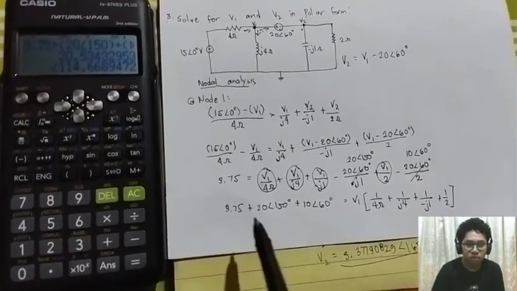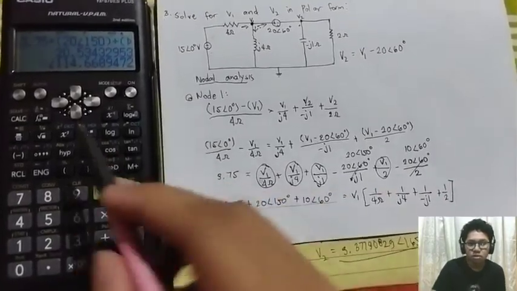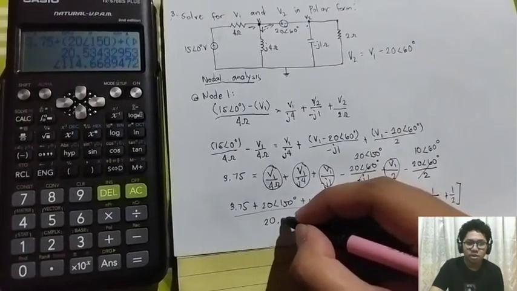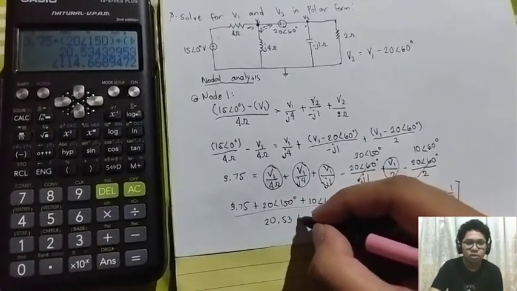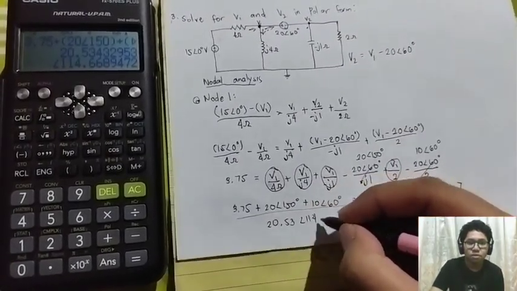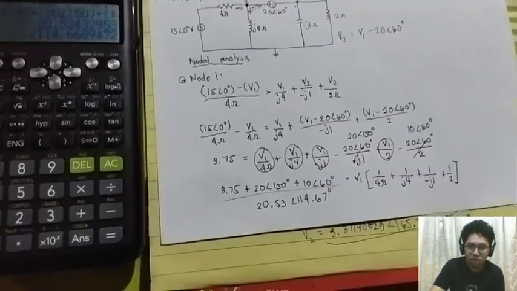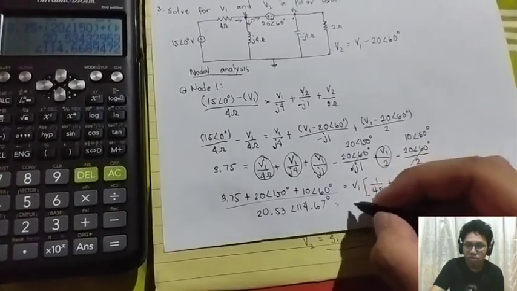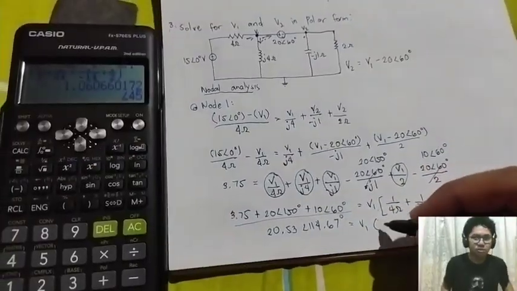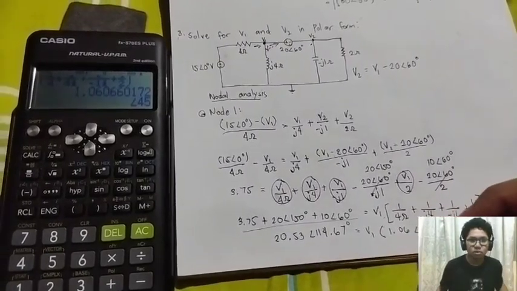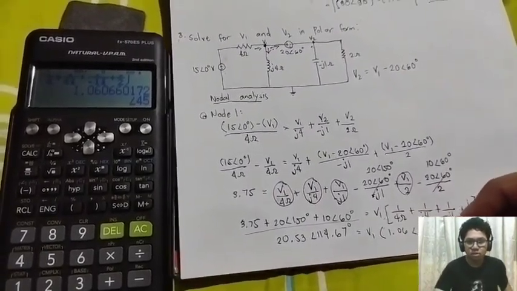Getting the sum of the constants, that is equal to 20.53 with an angle of 114.67 degrees. And also simplifying on the other side, that is 1.06 with an angle of 45 degrees.